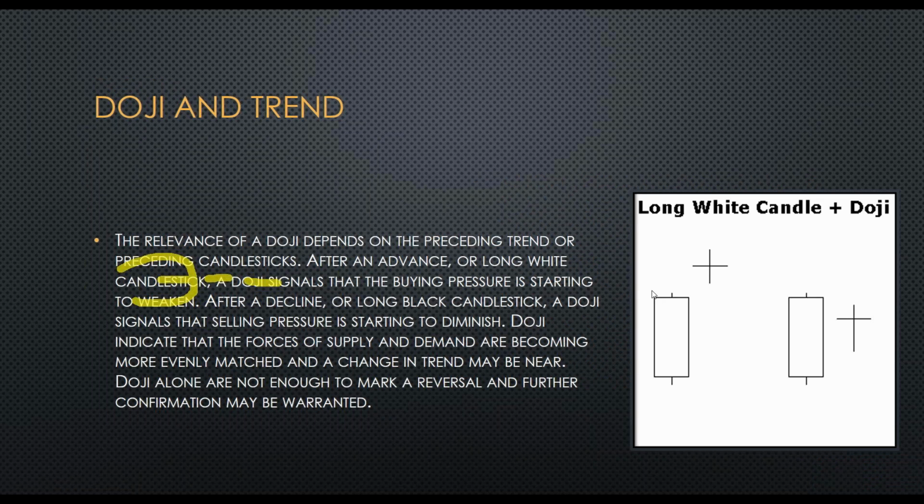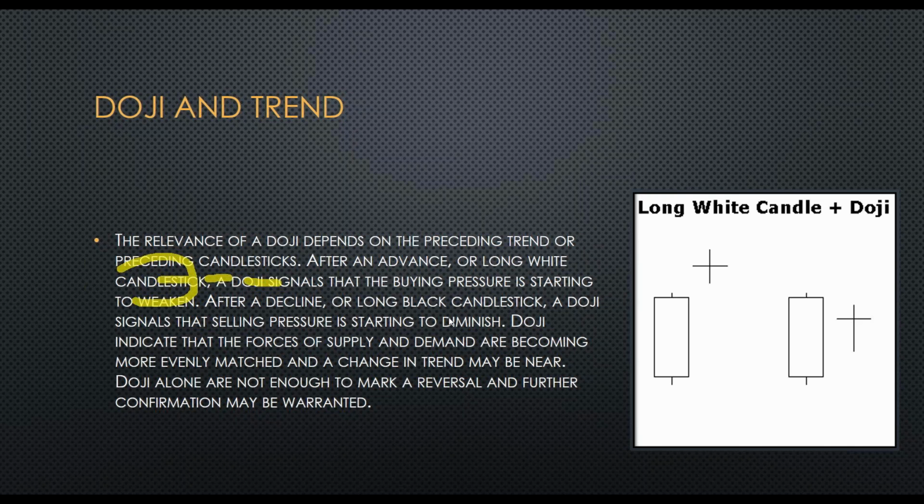Now, it's important to look at a doji in conjunction with a trend. Okay, because a doji is very important when price is moving either in an uptrend or a downtrend, where the bulls and the bears had control of the market.